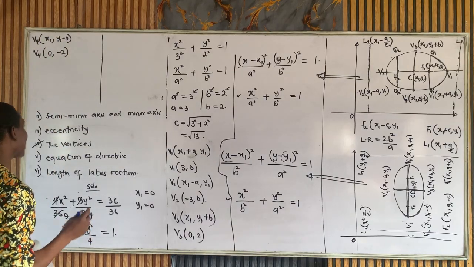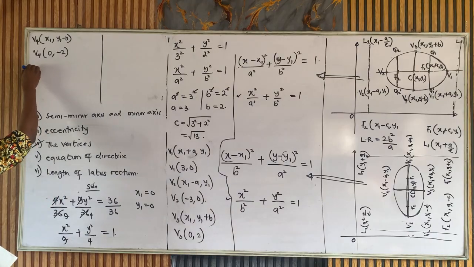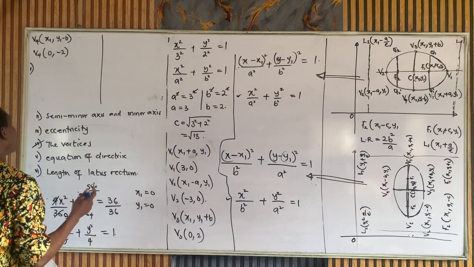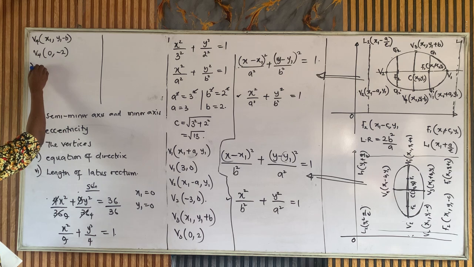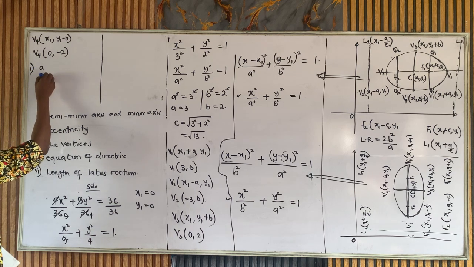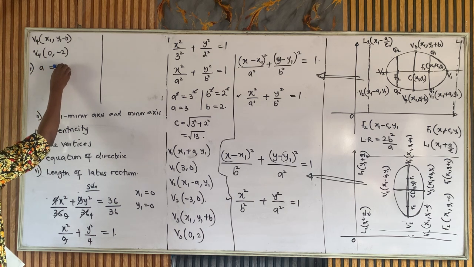I'm done with that. Let's get our semi-major axis, which is the first part of this question. Our semi-major axis is given by a, and our a is 3.